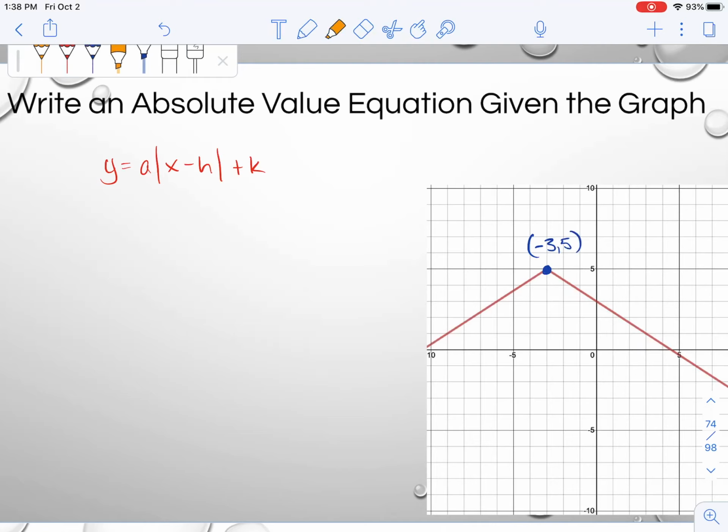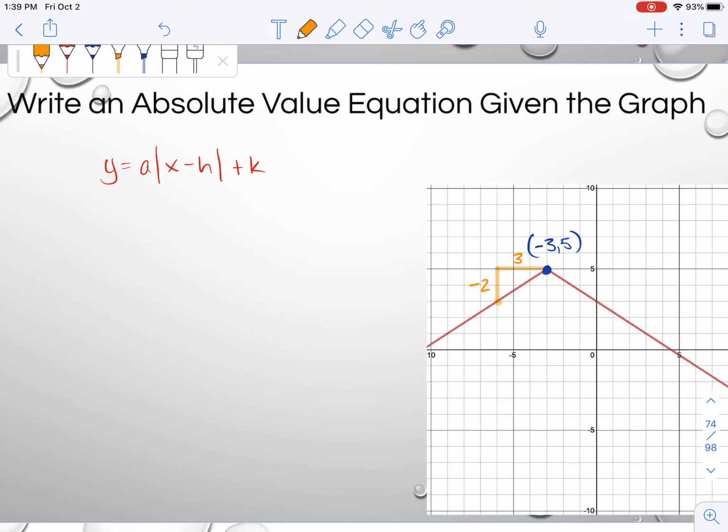Now, in terms of my a value, I want to look where the graph goes through exact points, here and obviously here at my vertex. So I want to draw a little right triangle here, okay? And I want you to actually sketch in that it's going down 2 and over 3, okay?